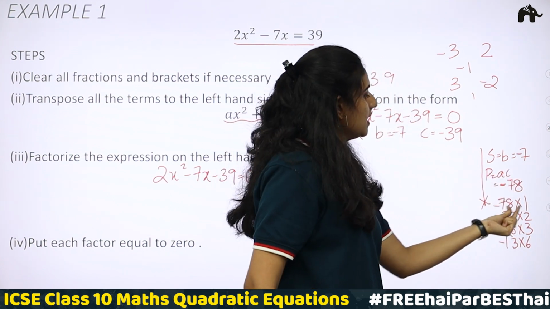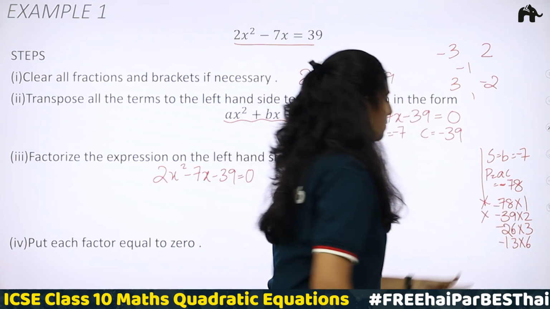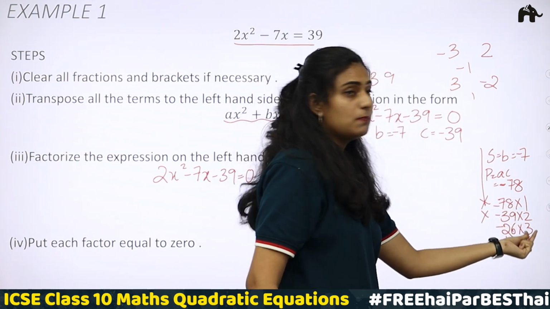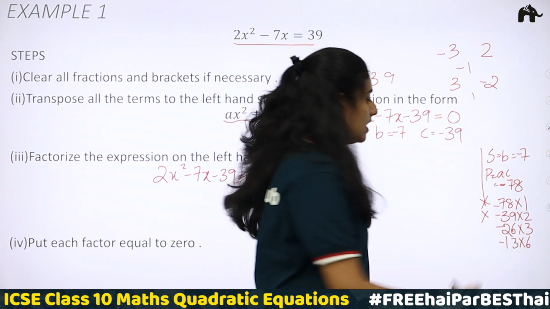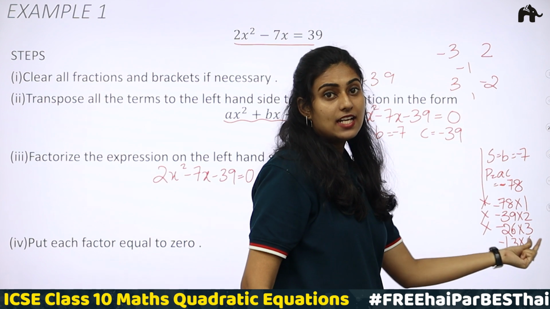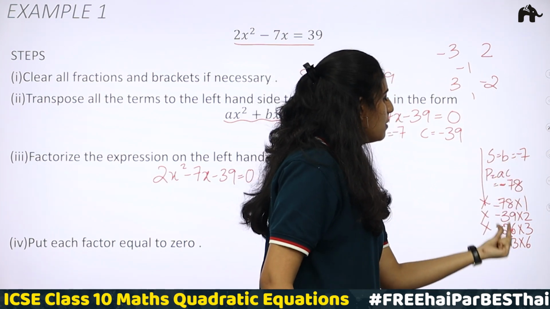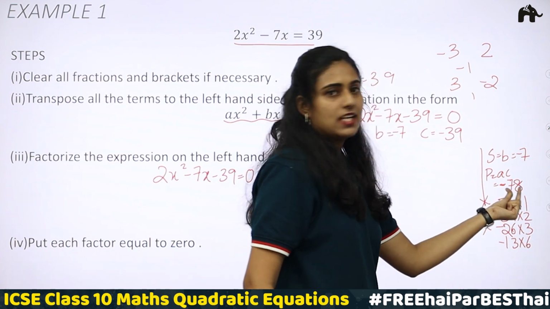Then minus 39 and 2. Minus 37. This also cannot be taken. Minus 26 plus 3 is minus 23. Cannot be taken. Minus 13 plus 6. That is minus 7. We are getting sum minus 7 and product minus 13 into 6 is minus 78.